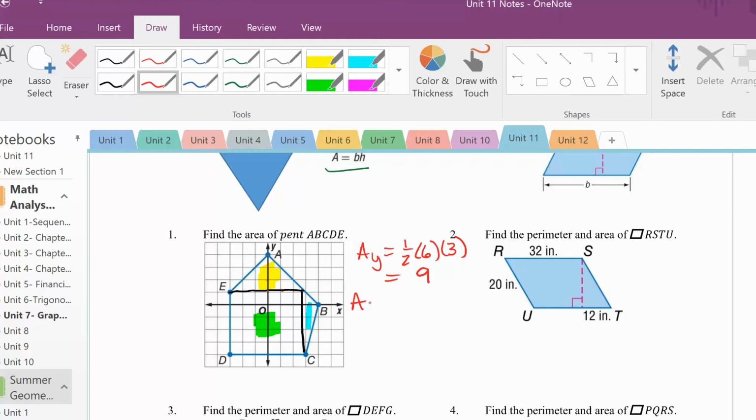The area of the green, it's a rectangle, and it's 1, 2, 3, 4, 5 by 1, 2, 3, 4, 5, 6. So the area of the green is 5 times 6, which is 30. And then the area of the blue, well, the base is 1, 2, 3, 4, 5.